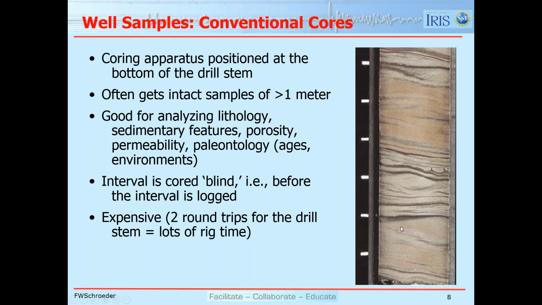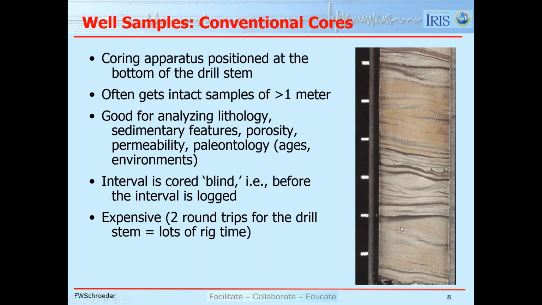And it might be a core that's through the reservoir. That's probably the most common type of core that we take, trying to understand how this particular rock would behave if we were to try to produce oil and gas out of it. Other cores are taken to look at seals and the seal capacity, its ability to hold a column of oil or a column of gas in the subsurface.